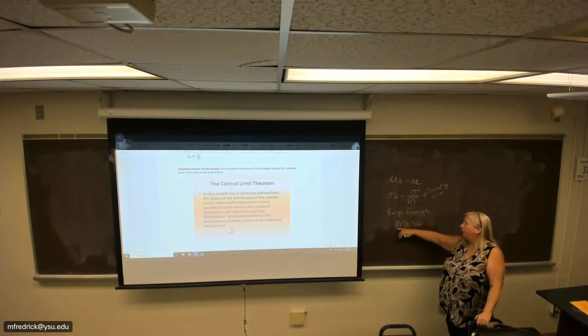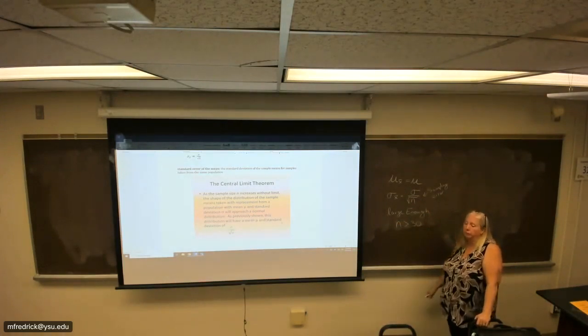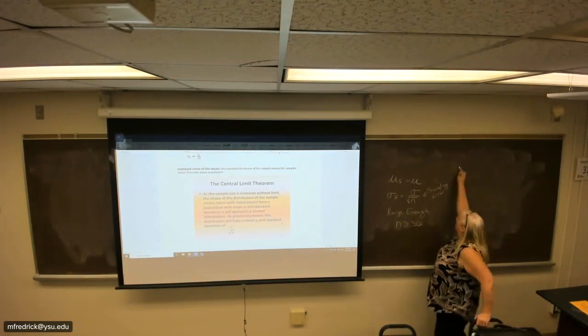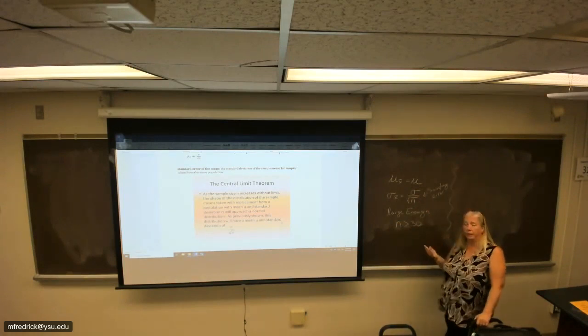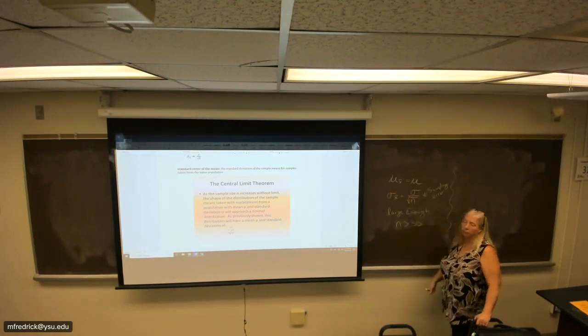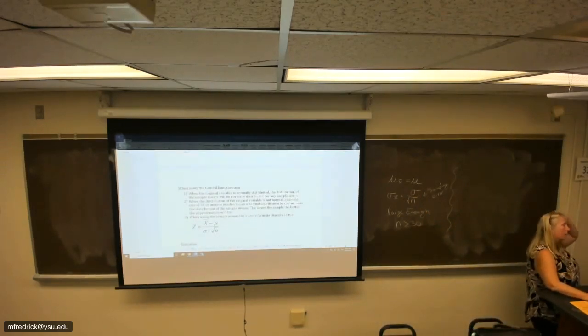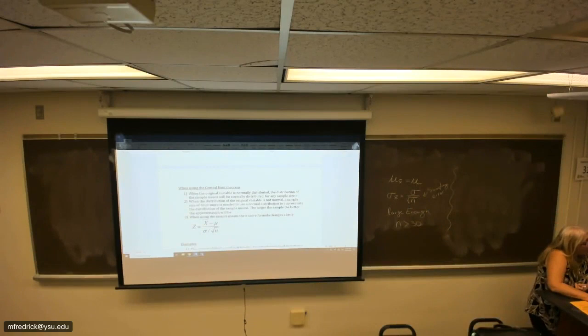So if your sample size when you're getting these samples is not greater than 30, then somewhere in there it needs to say the variable is normally distributed. Any questions so far? So when we're finding our Z, it'll be a little bit different for the Z value. When using the central limit theorem, if the original variable is normally distributed, then the distribution of the sample means will be normally distributed for any size.